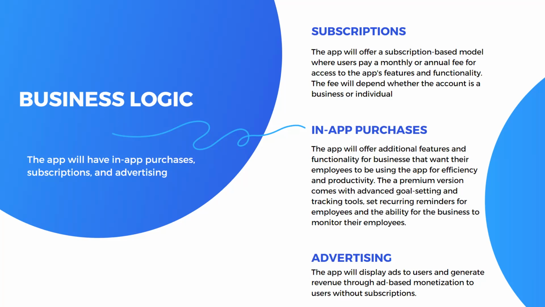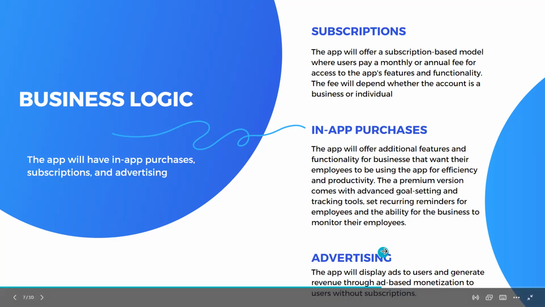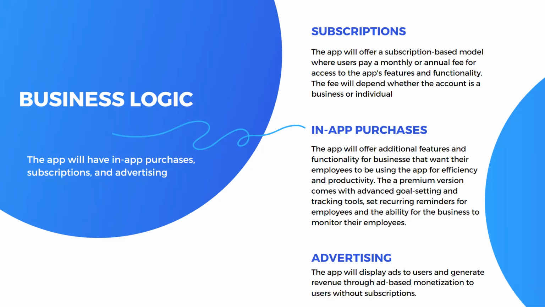So there are a lot of business models. We've got subscriptions, we've got purchases. So what are subscriptions? What are in-app purchases? What is advertising? I'm sure these are all terms that you are very familiar with.